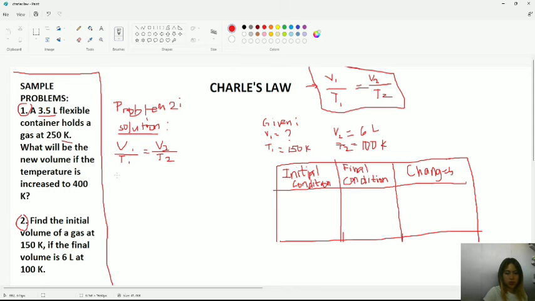So, solution: the initial volume is V1 or V sub 1. Initial temperature is 150 Kelvin. Very easy. Final volume is 6 liters. Final temperature is 100 Kelvin.